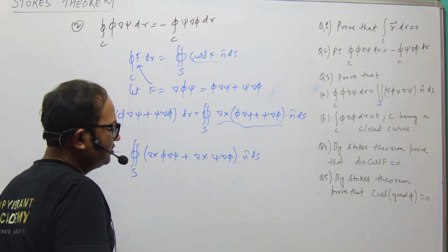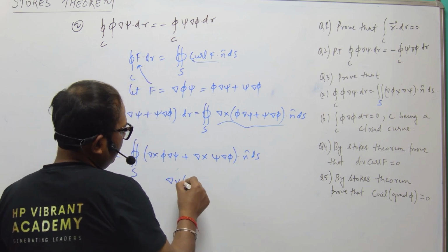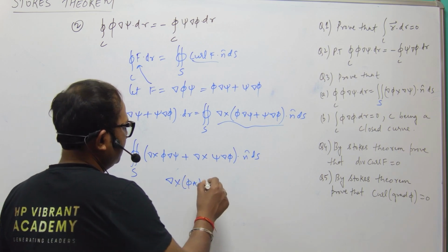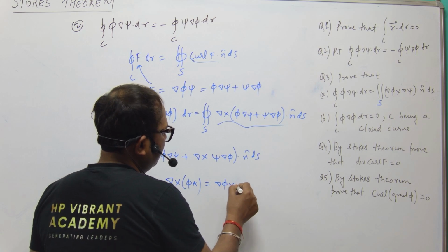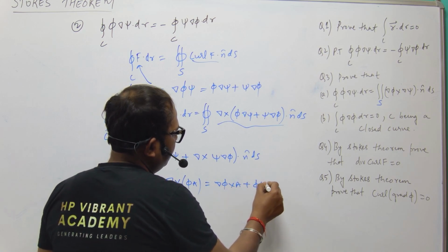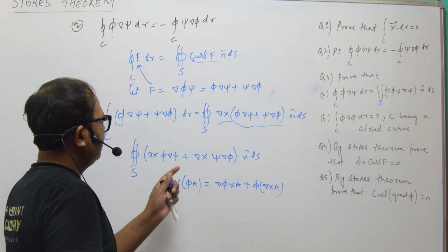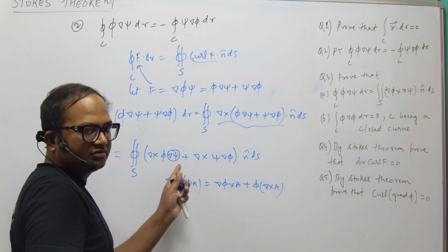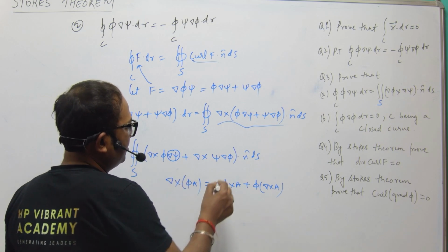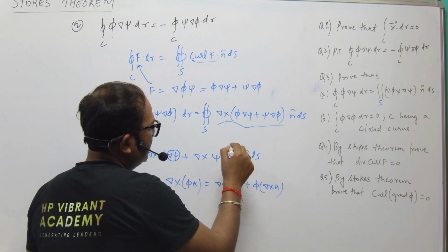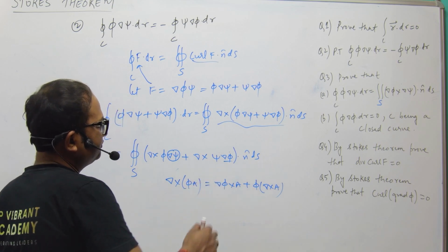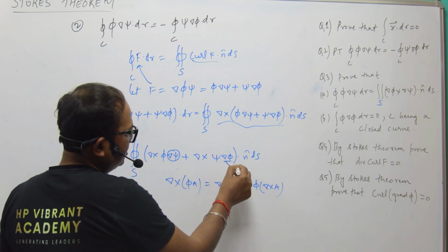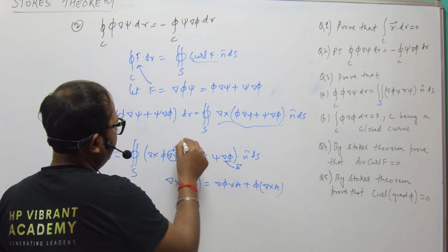From vector identities, we have curl of phi A, where phi is a scalar and A is a vector quantity, equal to del phi cross A plus phi times del cross A. Here del psi is the gradient of psi; psi is a scalar quantity and the gradient of psi is a vector quantity. Similarly, phi is a scalar quantity and the gradient of phi is a vector quantity. On comparing, this is our A vector.